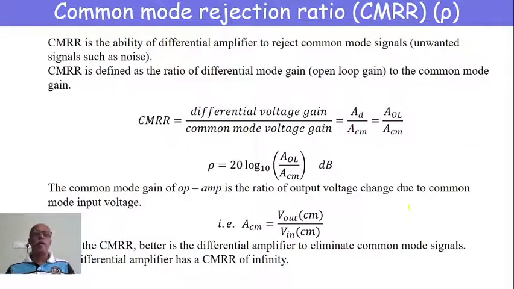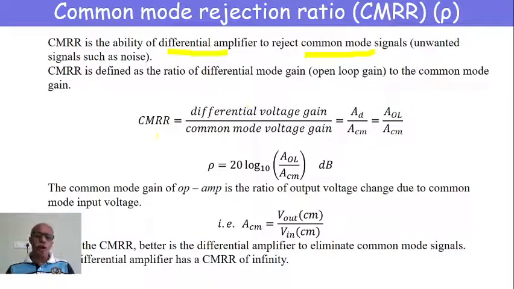Now we have the common mode rejection ratio, CMRR, represented by the symbol ρ. It is the ability of the differential amplifier to reject common mode signals, in other words, to reject the unwanted signals. It is defined as the ratio of differential mode gain, otherwise known as open loop gain, to the common mode gain.